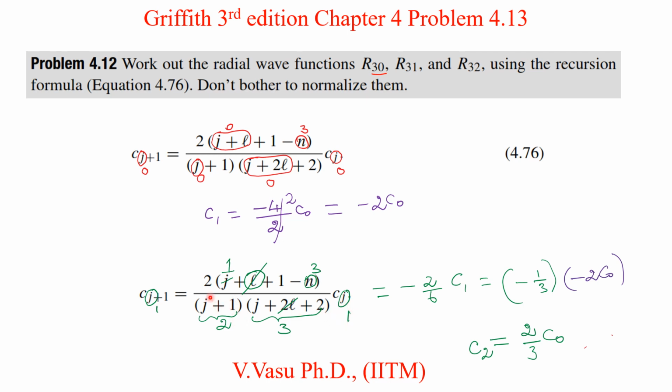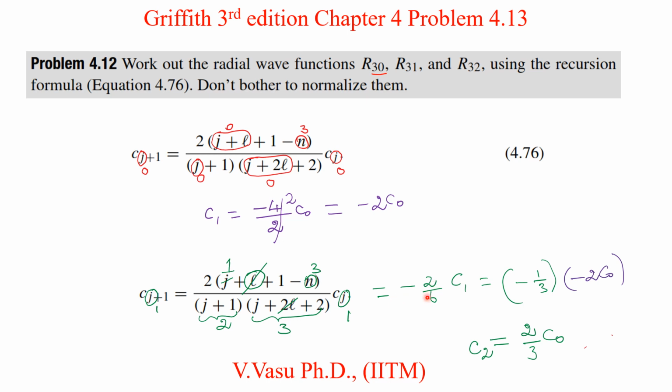In the numerator you have 2 times (1 plus 1 minus 3), that is 2 times minus 1, so minus 2. In the denominator it is 6, times c1.